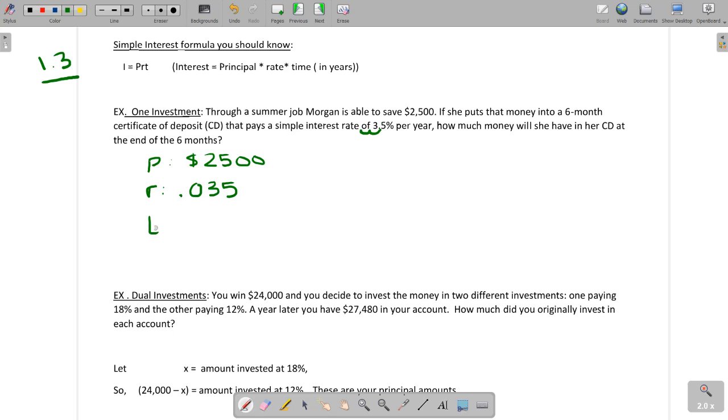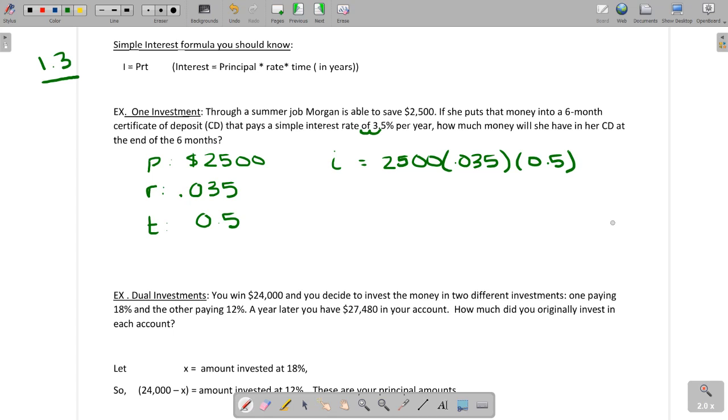And then time is in years, so 6 months in years is 0.5. So our interest is going to be principal times rate times time. So we're going to go 2,500 times 0.035 times 0.5.